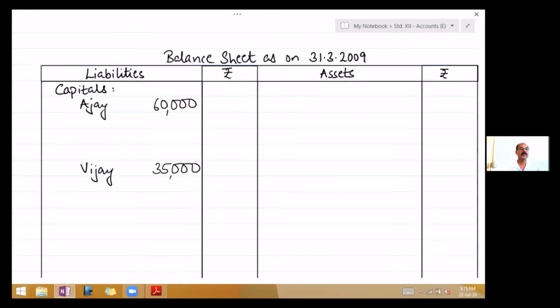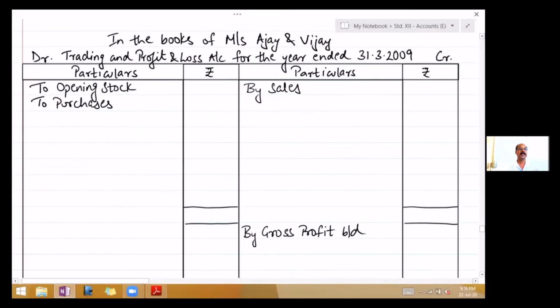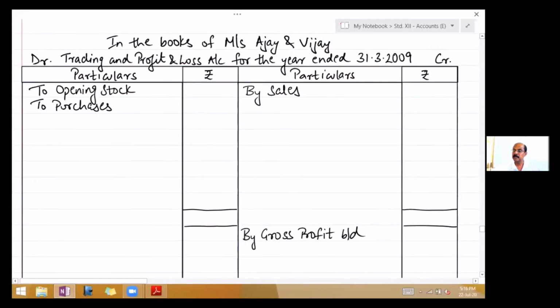Purchases 46,700, trading account debit side, there's no adjustment on it, outer column 46,700. And the credit amount is sales. So sales is 85,000. Inner column, there's an adjustment on this, so leave one line.